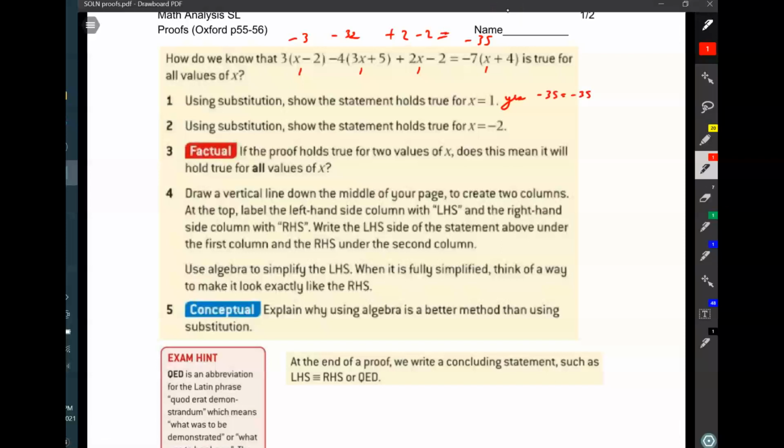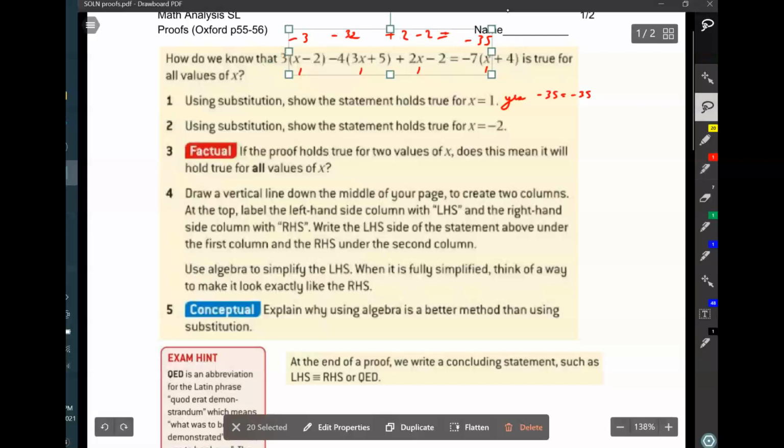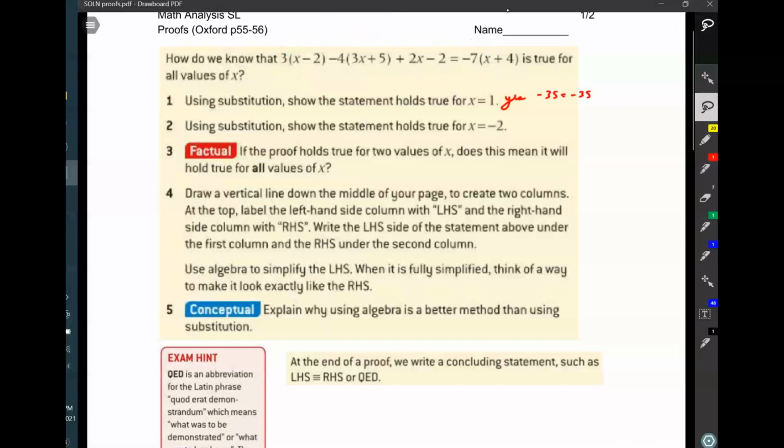Then it says to do the same thing by making it equal to -2. So we're going to put -2 in all these positions.